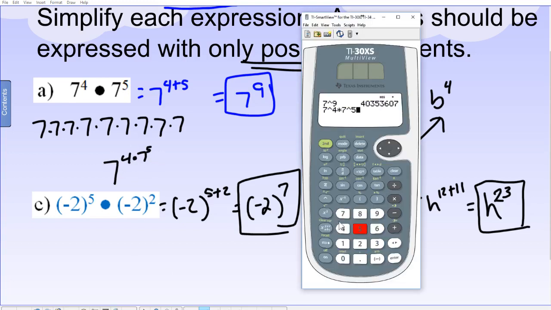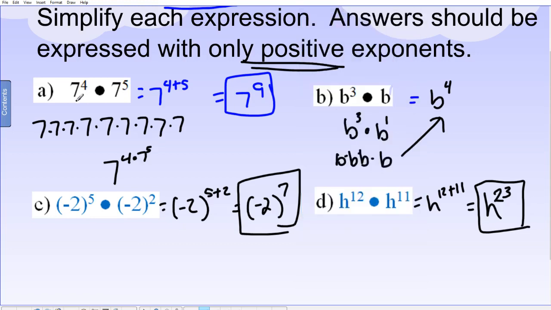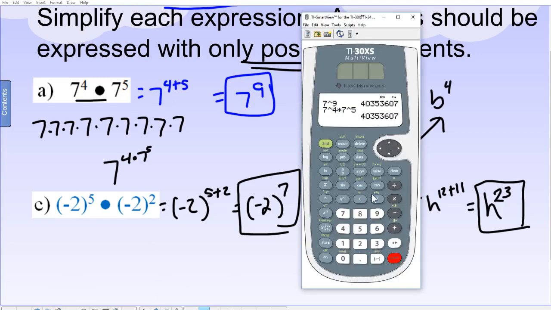It's ugly, but that's a valid math problem. But I think the calculator is going to interpret it properly. Okay, it did. And you see we have the right answer, the same answer. That's proof that this and this are the same. And if I check this out, I think I can do this another way. 7 to the, in parentheses, I'm going to put in 4 plus 5.